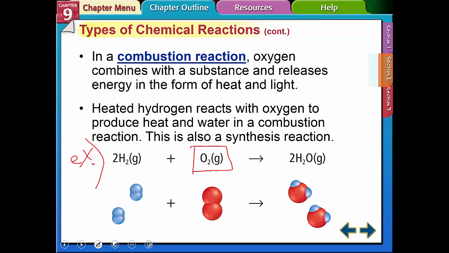And so in general, for a combustion reaction, you have one thing reacting with oxygen to produce the oxide of that element. However, another type of common combustion reaction is it reacting with a hydrocarbon.